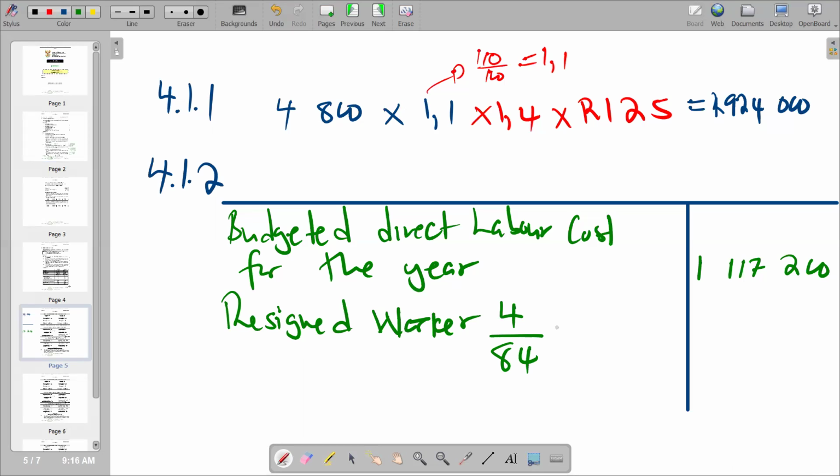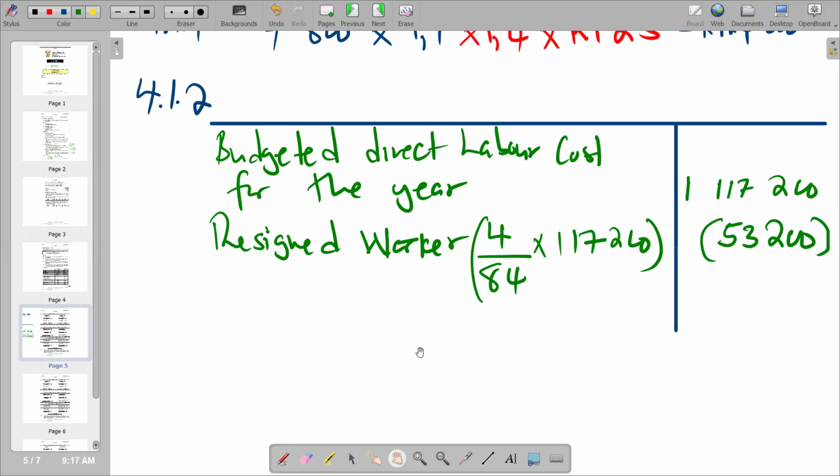And then we multiply by 1,117,200. Close our brackets to see the amount, which is going to be 53,200. And then we're going to subtract this cost, since this cost is not supposed to be part of it, since those months were not worked.